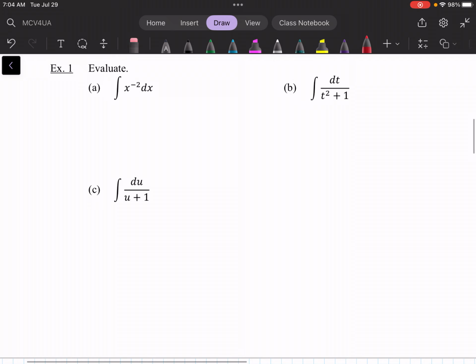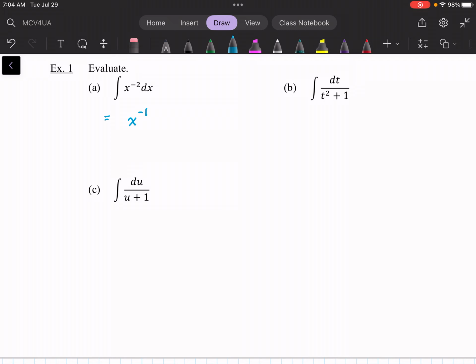Our first problem looks just like x to the exponent negative 2. So that looks like a regular power, and you've got to work backwards. Remember, x to the negative 1, if you found its derivative, would give you x to the negative 2.